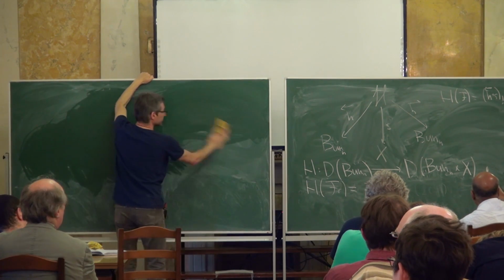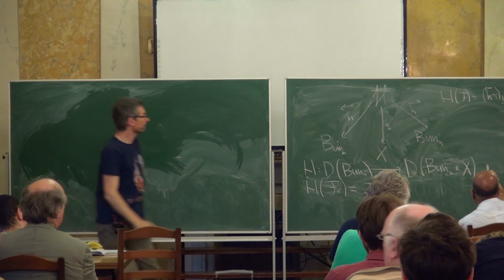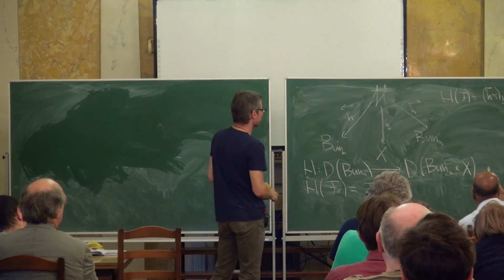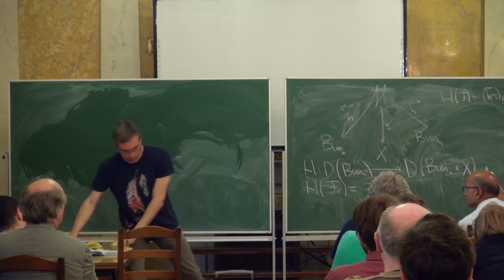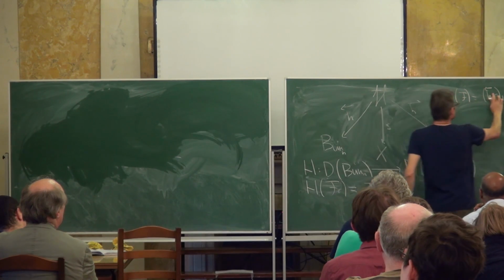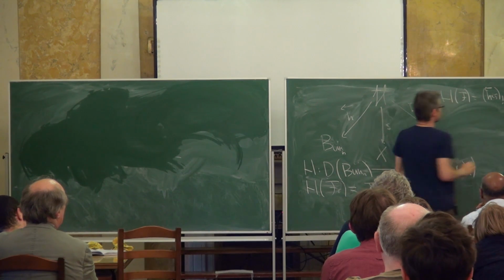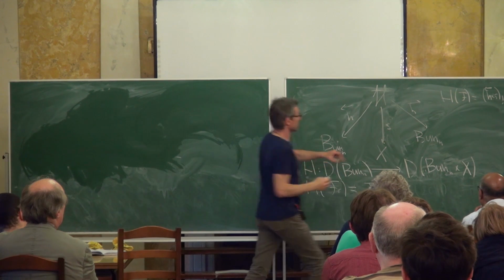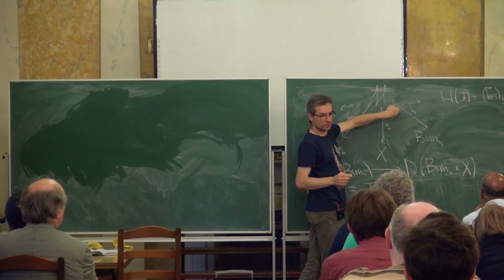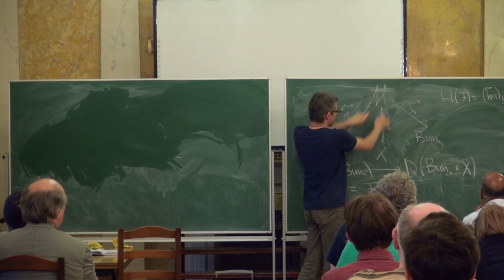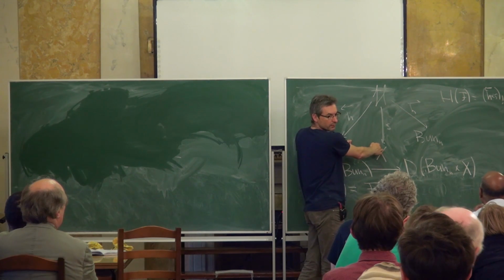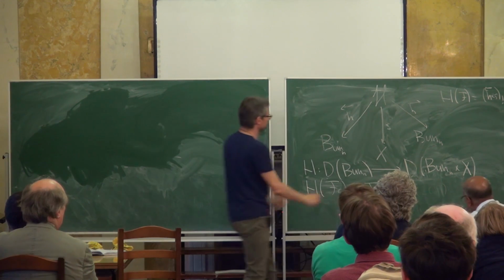Is there a symbol star S or something? Sorry, my handwriting. It's H times S. So I pull back with respect to this one, and I push forward on these two factors. H cross S.